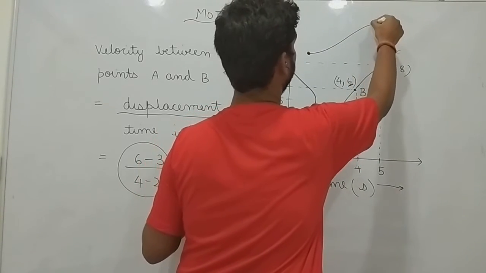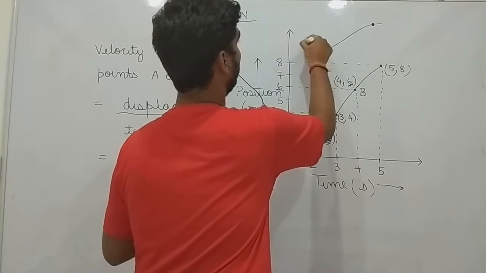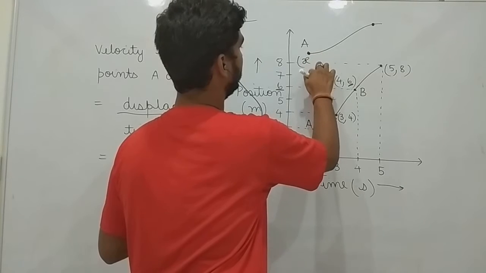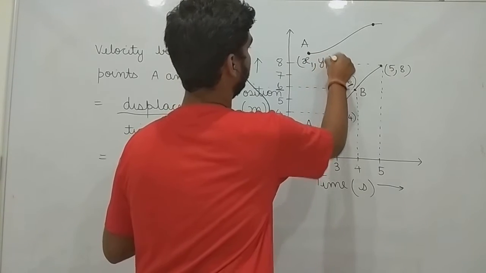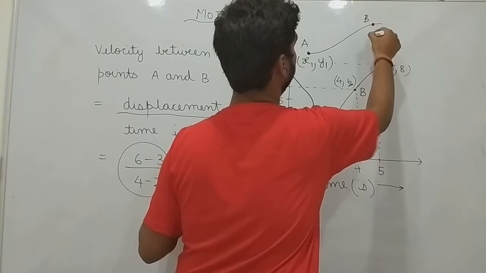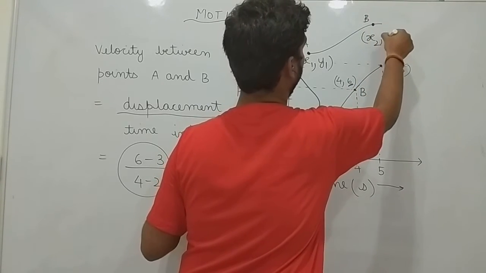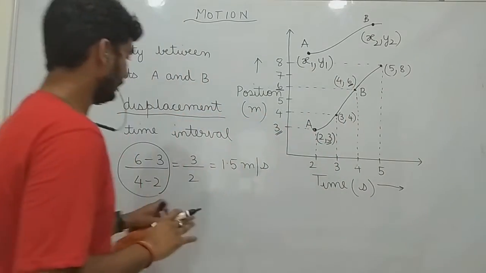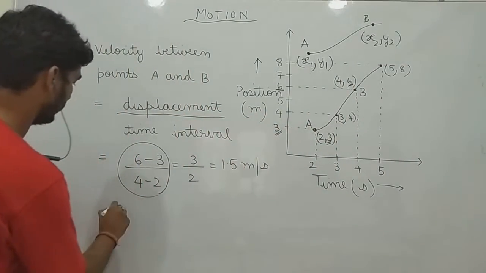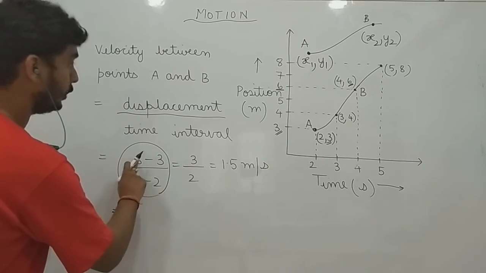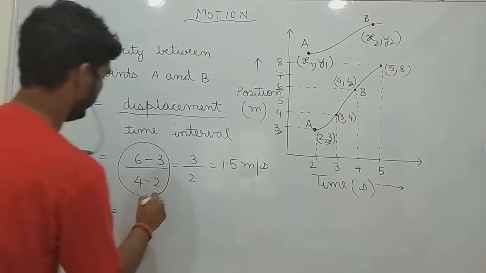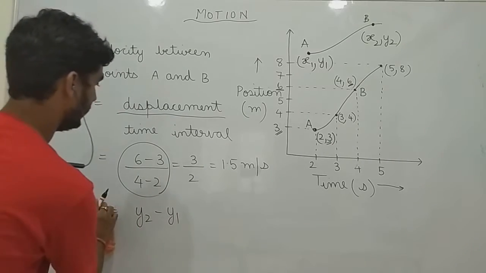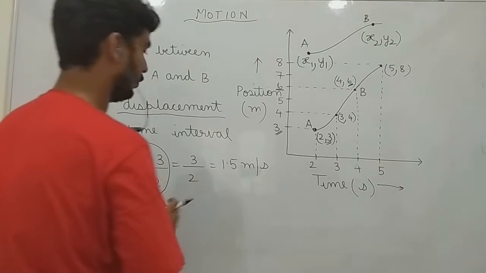Let this be point A and let this be point B. Now, let point A have general coordinates x1, y1, and point B have coordinates x2, y2, instead of 2, 3 and 4, 6 which I have taken. Then I can rewrite this formula as y2 minus y1 divided by, let me write a little bit higher, otherwise it may not be visible.